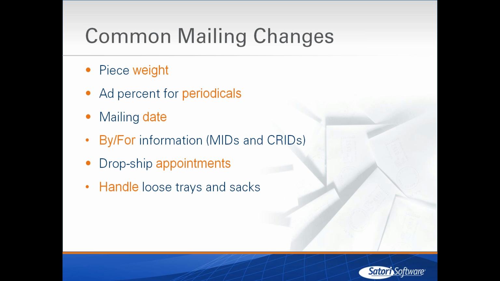Also, in order to transport and enter a lot of this mail, you do want to have it on a pallet because it's a lot easier to move trays and containers via a pallet rather than just having them loose on your floor. So what you can do with post-presort software is actually take those loose containers and put them on a pallet and create a pallet tag for that.